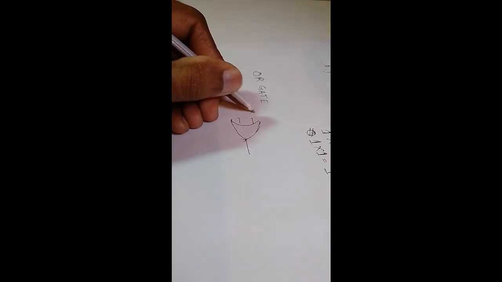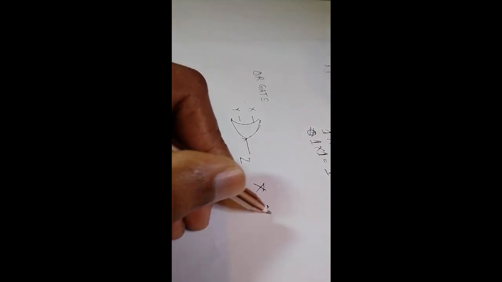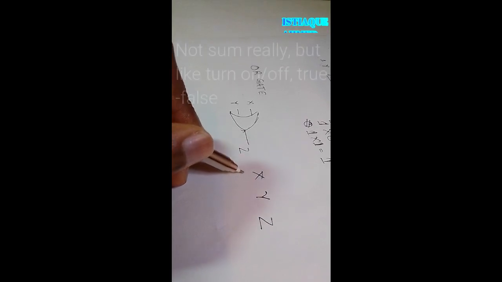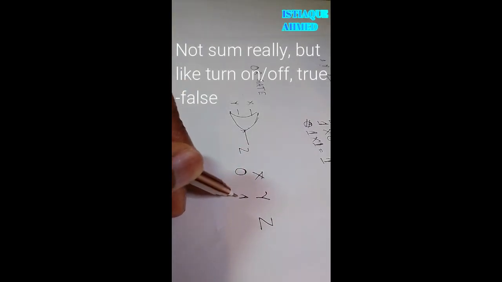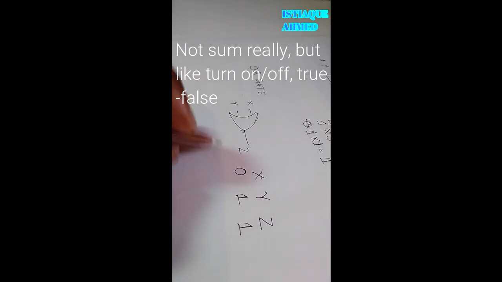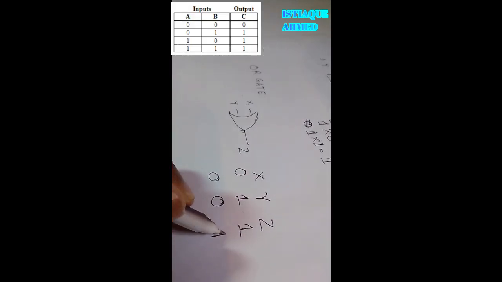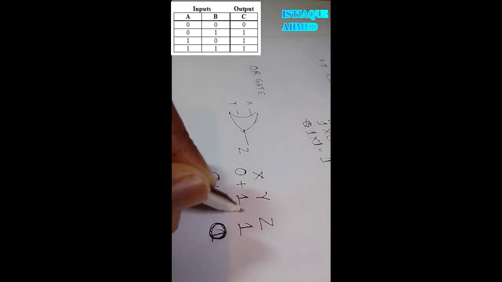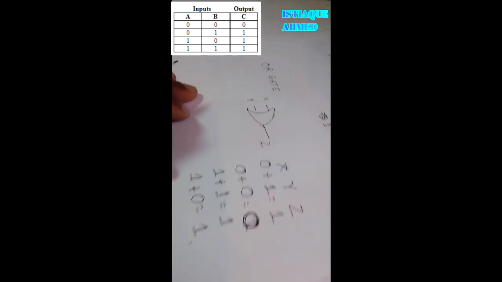So here is X, here is Y and here is Z. It is normally plus or summation, like if we put 0 here and put 1, we should get 1, and if we put 0 and 0, we should get 0, and here is the sign. And if we put 1 plus 1, we should get 1, and this is the OR gate.